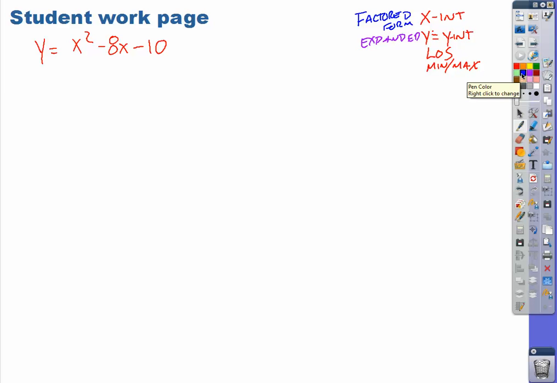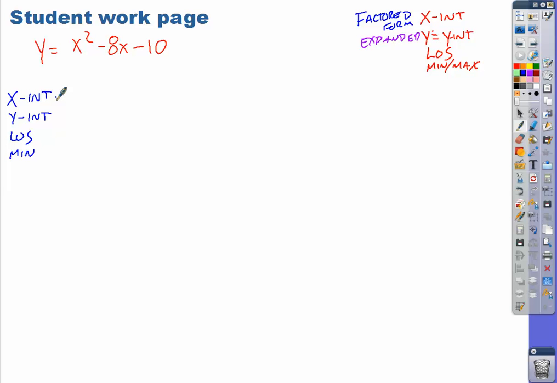So, here we go. I'll make my little table of values that I'm looking for: the x-intercept, y-intercept, line of symmetry, and the minimum. This will have a minimum. It'll only have a maximum if the x squared value is negative, but you don't have to remember that for a while. So we need our factored form to get our x-intercepts.